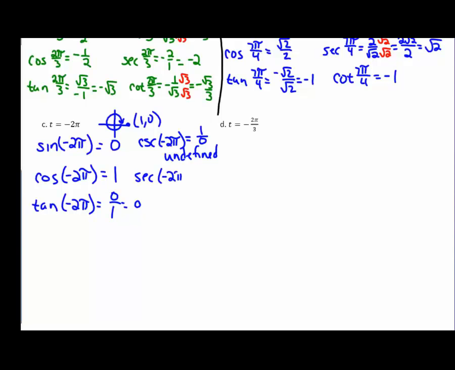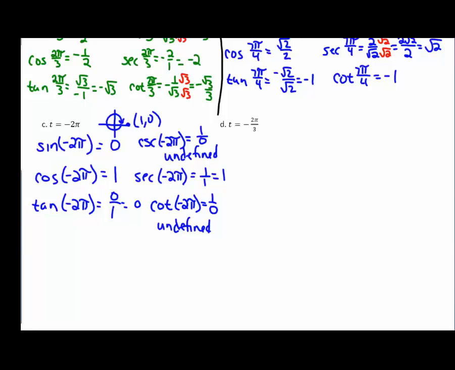So we have secant of negative 2 pi, and the reciprocal of 1 is 1 over 1, which is just 1. So in this case, your secant and your cosine are the same. And now let's take a look at cotangent. Cotangent is the reciprocal of tangent, and so it's going to be 1 over 0. Again, just like cosecant, we can't do that, so it is undefined.